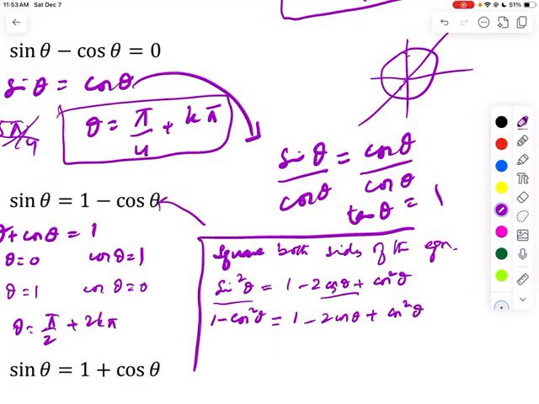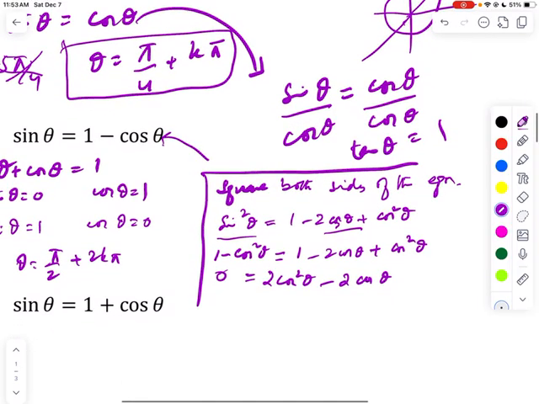Which means I replace the sine square theta by 1 minus cosine square theta. Now, moving everything to one side and making the other side 0. So I'm going to make the left hand side 0, moving everything to the other side. You will see when we subtract, the 1 and 1 cancel out, but the cosine square gets added there. So it becomes 2 cosine square theta minus 2 cosine theta. So this is what we are left with. How do we solve that?